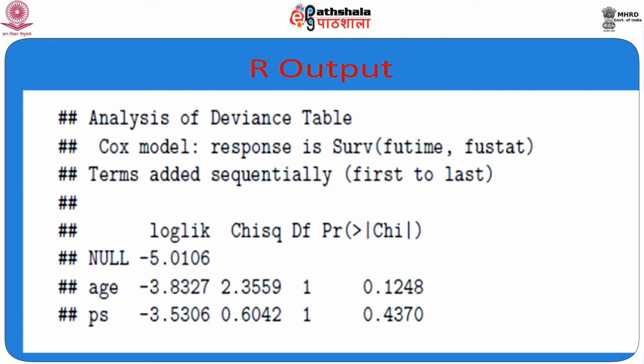For age the p value is coming 0.12 and PS is coming 0.43, where the log likelihood is obviously coming negative.